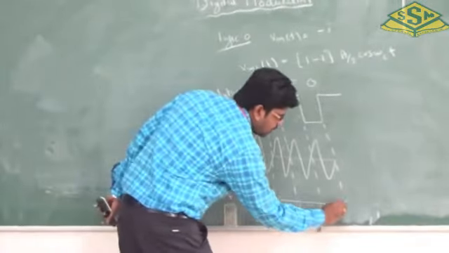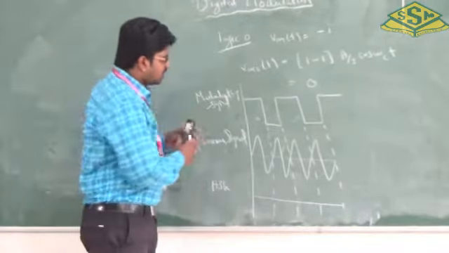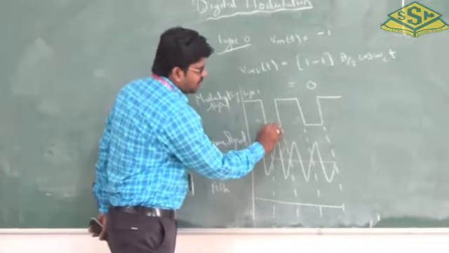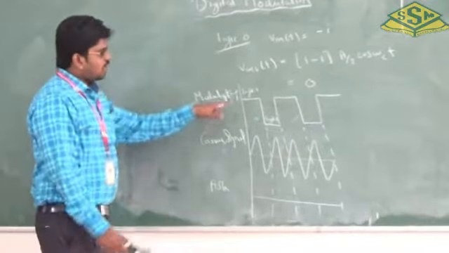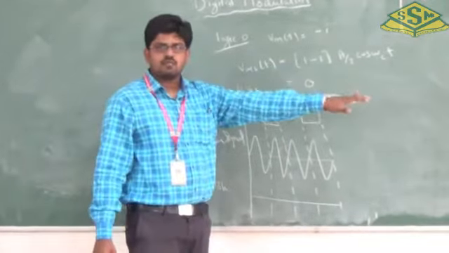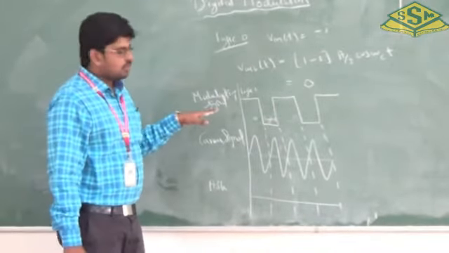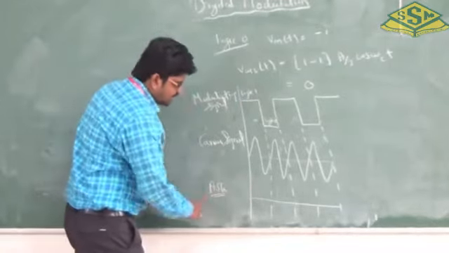Now I am going to draw the ASK signal. Here, this is logic 1, and this part is logic 0. While applying logic 1, we have attained some value, then while applying logic 0, we got some value. So now we have to draw the ASK diagram.